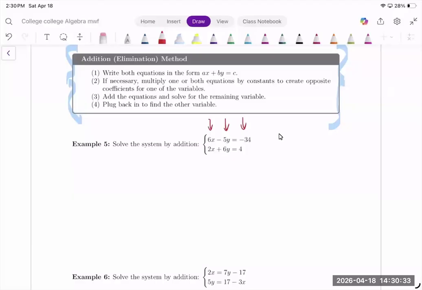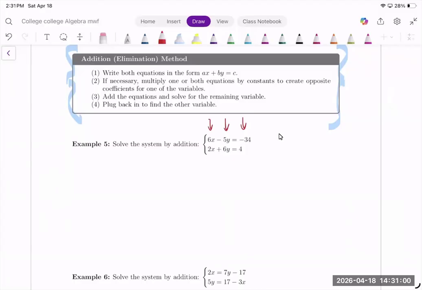Step 1 says write both equations in the standard form, ax plus by equals c, because you need everything lined up for the elimination to take part. Step 2, if necessary, multiply one or both equations by constants to create opposite coefficients for one of the variables. Then add the equations and solve for the remaining variable, and then plug back in to find the other variable.